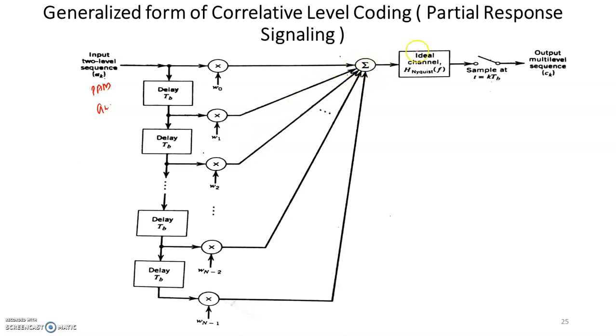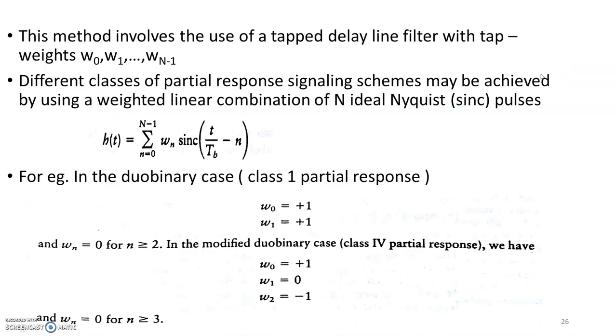The summed output is given to the ideal Nyquist channel, which is sampled to get the output multi-level sequence. So this is a general method. All the classes of partial response signaling can be achieved by using this generalized structure.